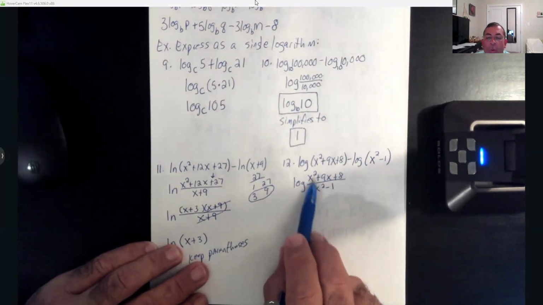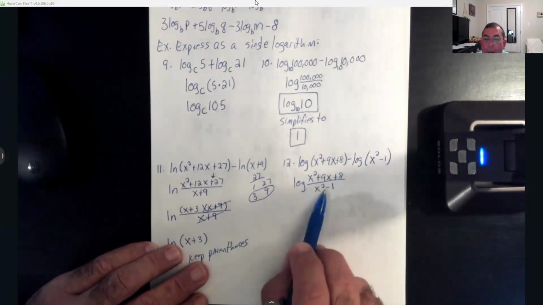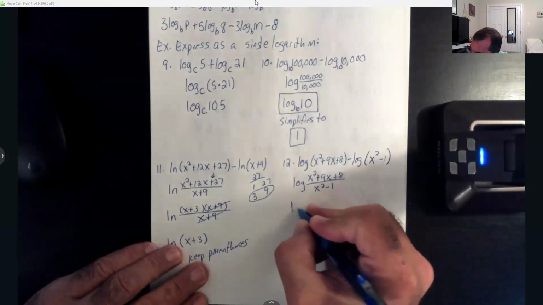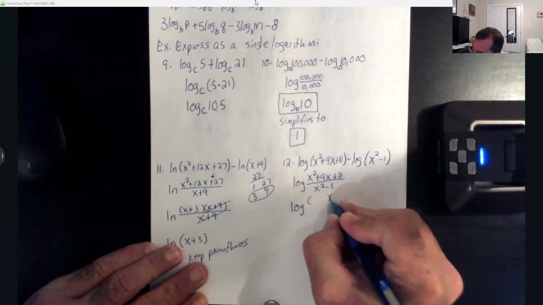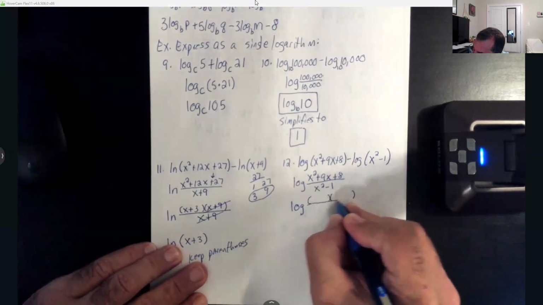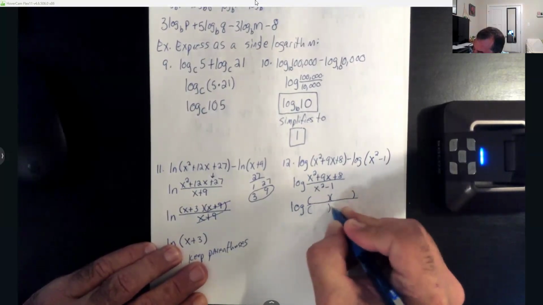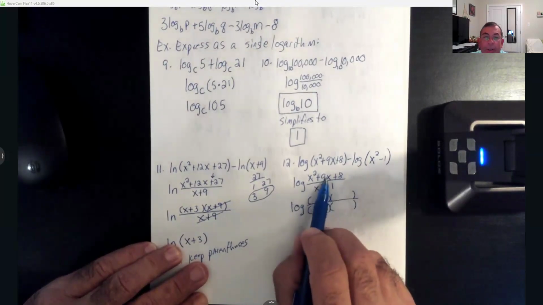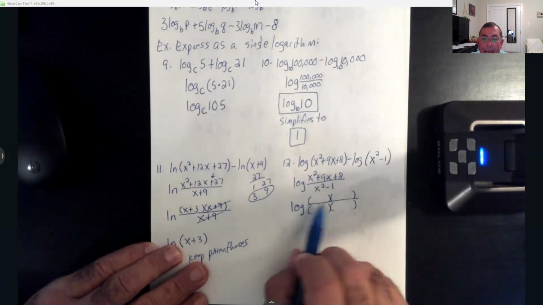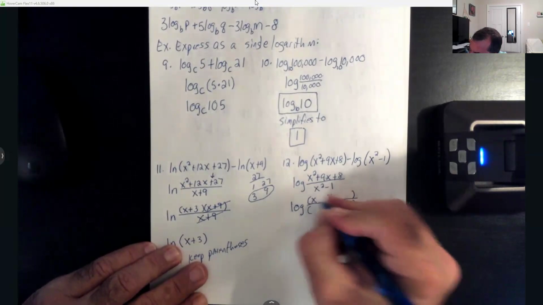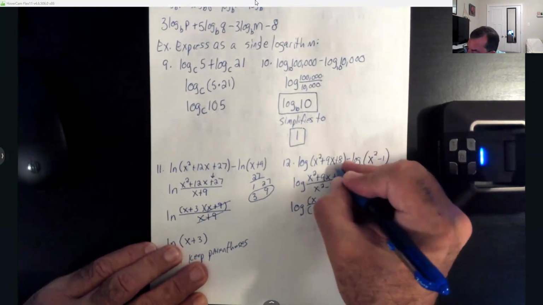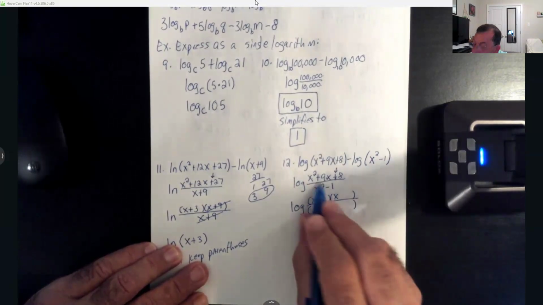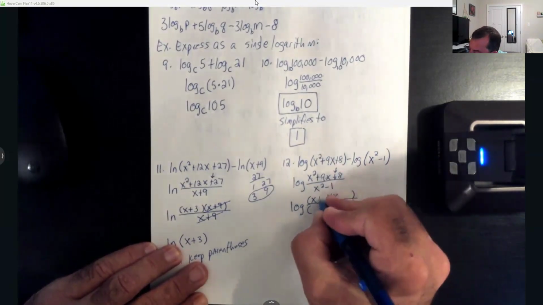So both of these are x squareds, so both of these will factor. So bring out the log. Let me start with the top. X squared is an x and an x. The last sign is positive, so both of these factors will be positive like the middle number.